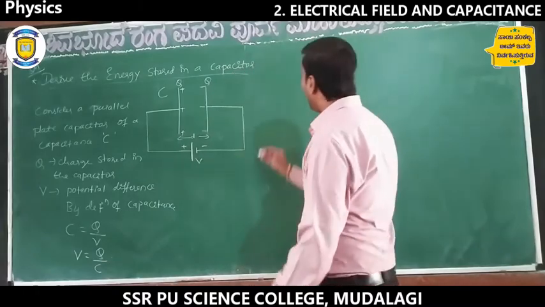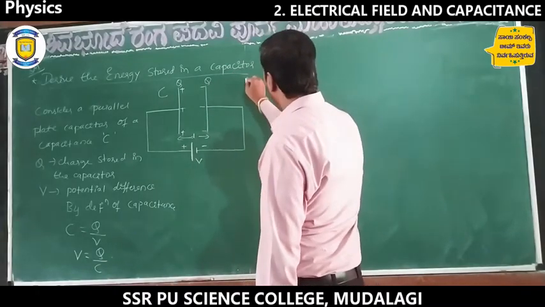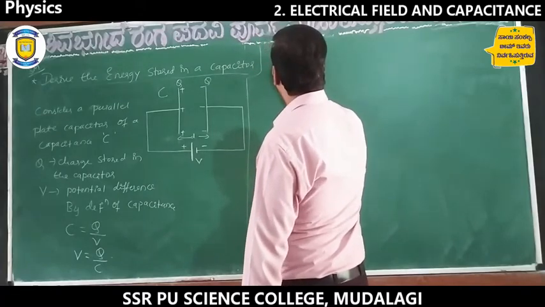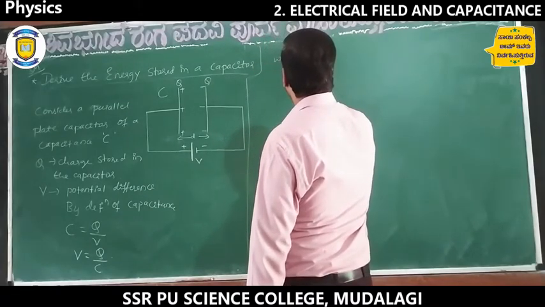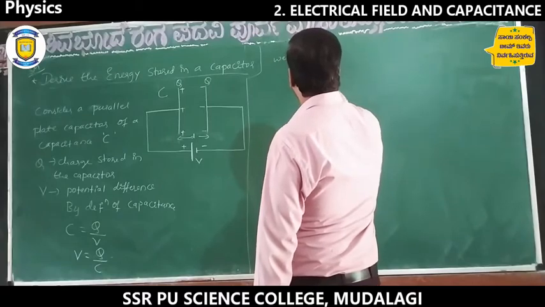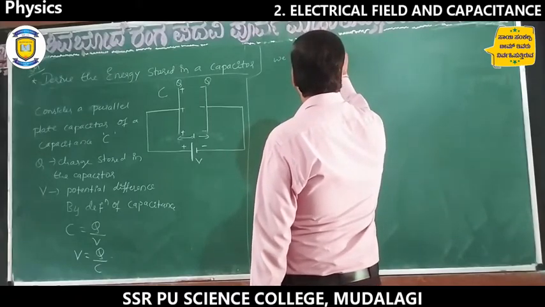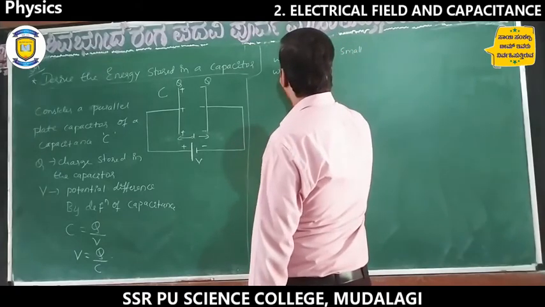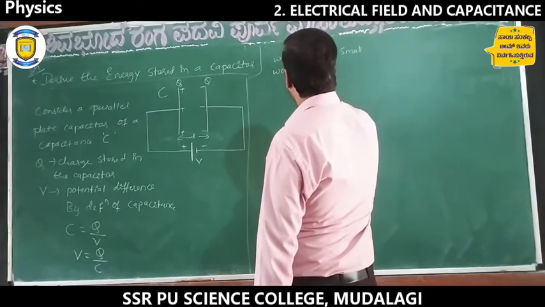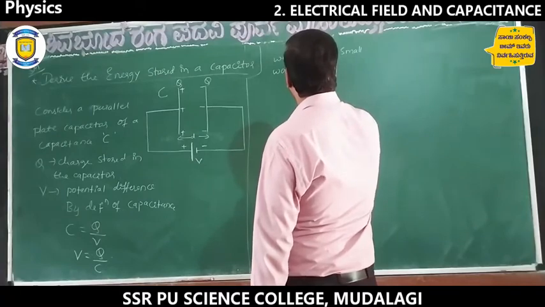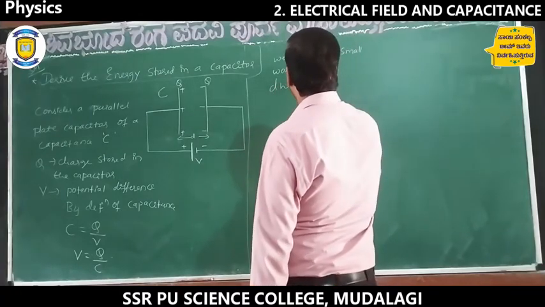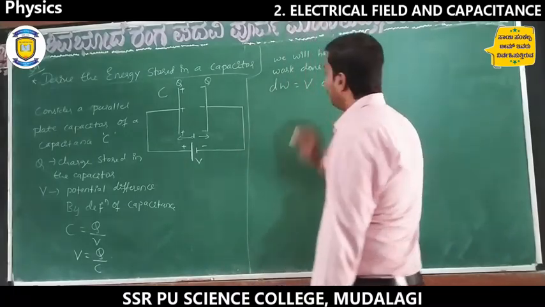Correct. We have the small work done dW, which is equal to V into dQ.